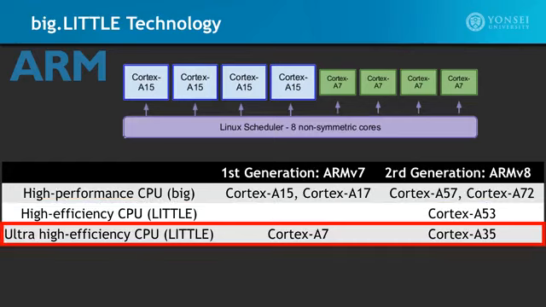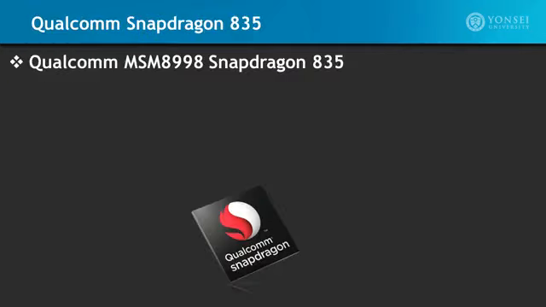For ultra high efficiency CPU for the little cores, for the ARM v7 module, it's the Cortex-A7, and for the ARM v8, it is the Cortex-A35. So, for the figure above, you can replace the specs for the second generation modules, such as using an A57 or an A72, as well as you can use, for the small cores, instead of the A7, the A35 or the A53, as listed in this table.